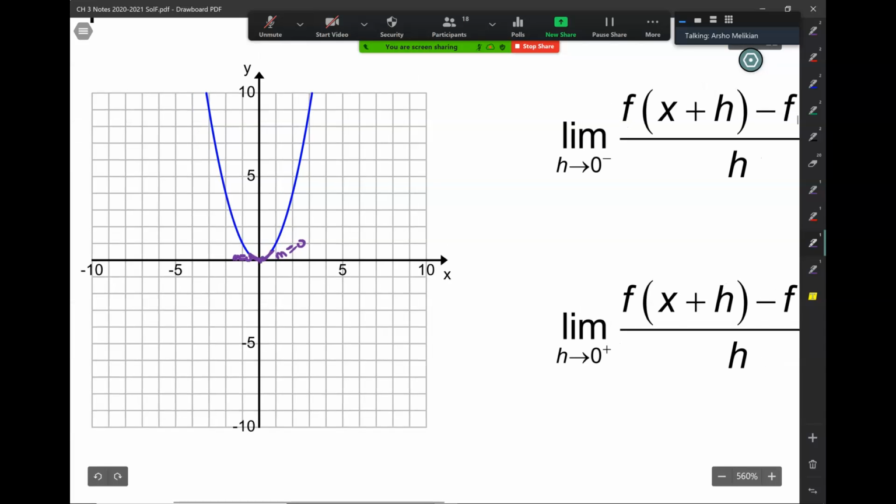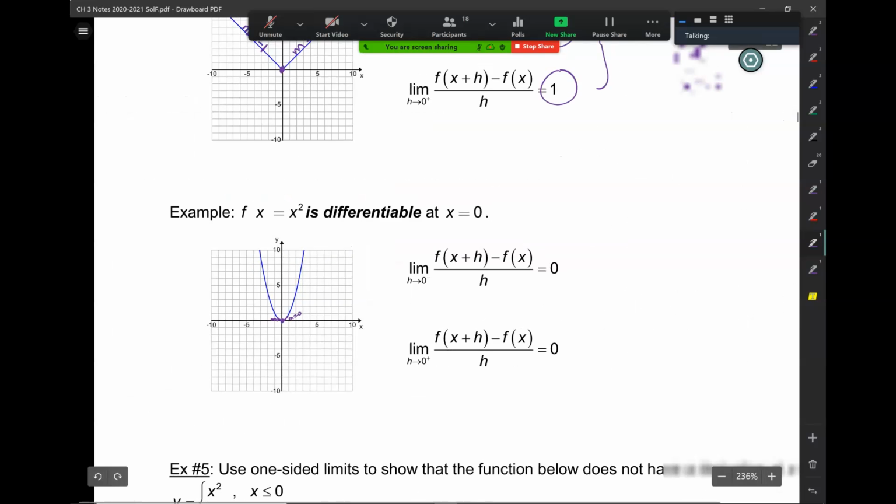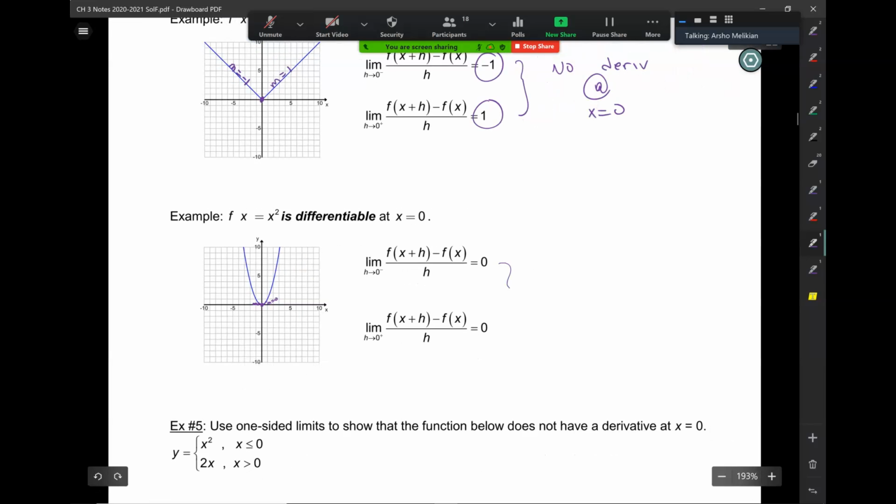Because at that point the slope is the same immediately to the left and immediately to the right, I say that there is a derivative at x equals 0, and I also say the function is differentiable at x equals 0.